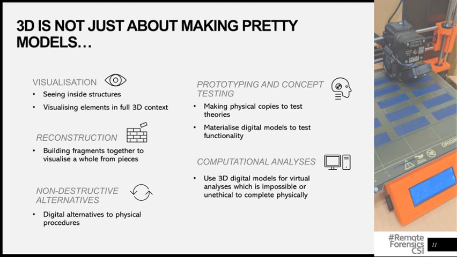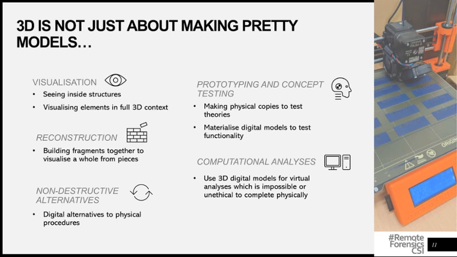And prototyping and concept testing. This is really what 3D printing was invented for: rapid prototyping. So making physical copies to allow you to test theories about things. Is this going to fit into here? How should I arrange this room? How should this bridge be built? Those sorts of big questions can be scaled right down and allow you to do problems on your desk using 3D models.